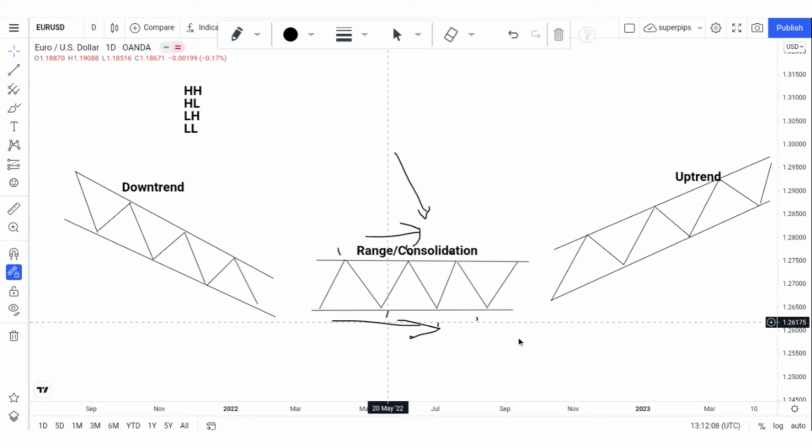So that's when we say the market is ranging, trading sideways, with no clear direction, and it's usually not yet decided, and usually the market will either break to this direction or fall back to this direction, continuing. If we're coming from a downtrend, the market will then fall.